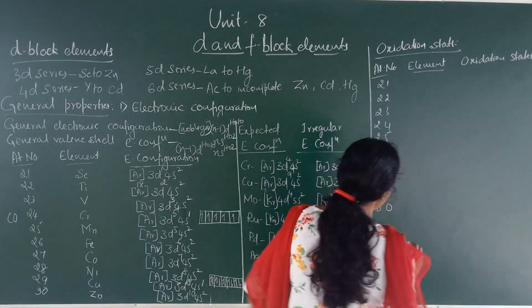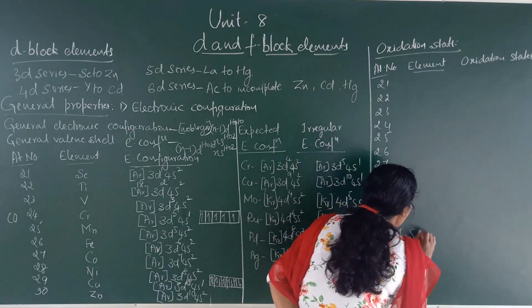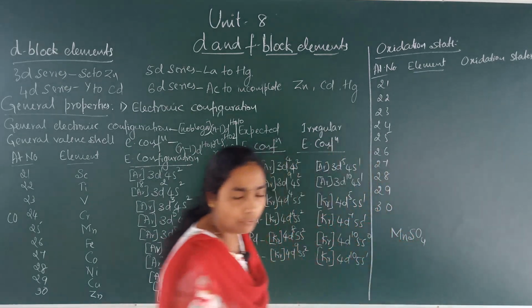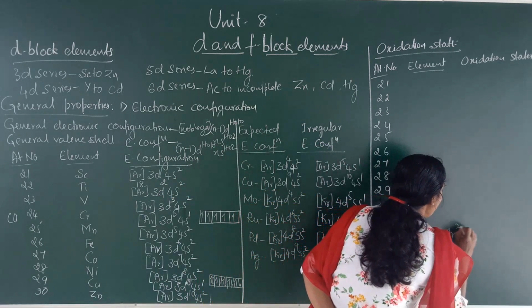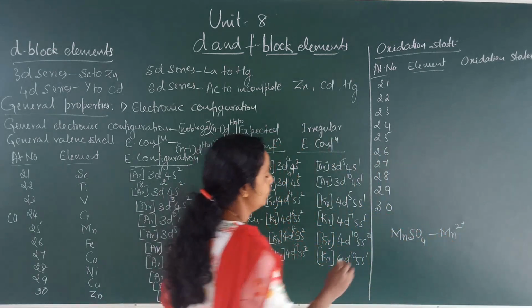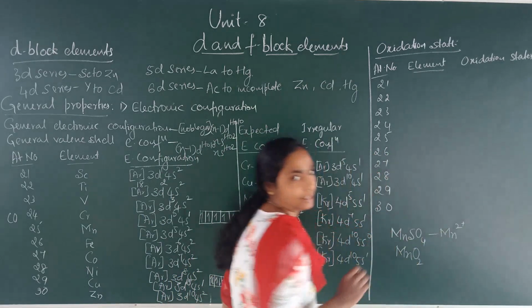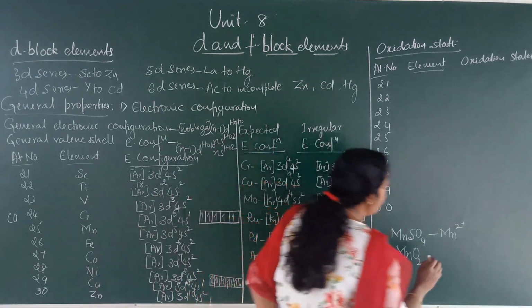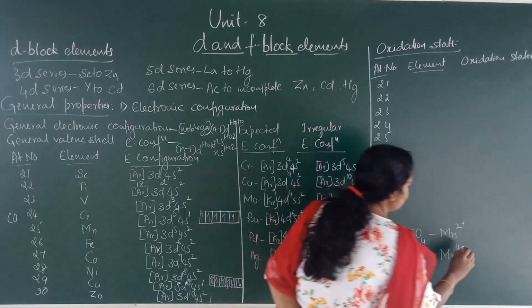For example, if I consider manganese sulfate, the formula of manganese sulfate is MnSO4. The oxidation state of manganese is +2. Another compound I will consider is manganese dioxide. In manganese dioxide, the oxidation state of manganese is +4.